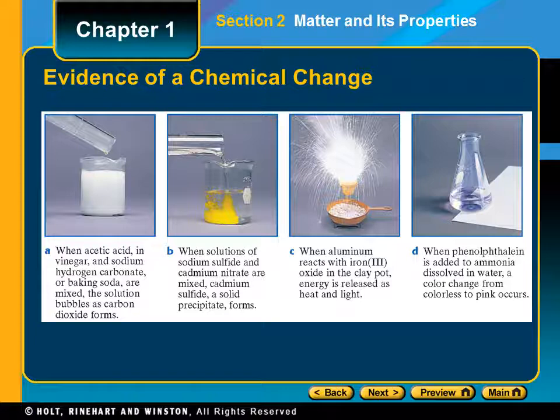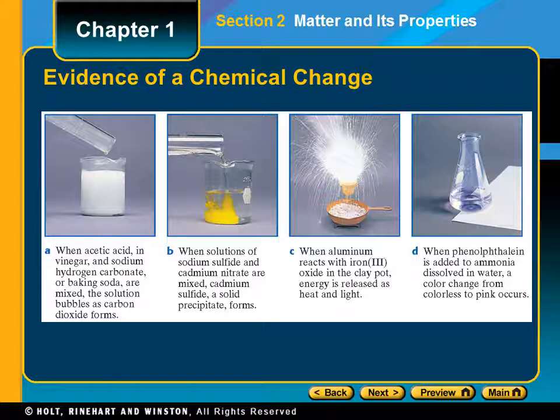Carbon dioxide is forming. That's a chemical change. In B, a solution of sodium sulfide and cadmium nitrate are mixed. You're literally pouring one clear solution into another. But what happens is you get that yellow cloud, a solid precipitate forms. That is usually evidence that a chemical change has taken place.